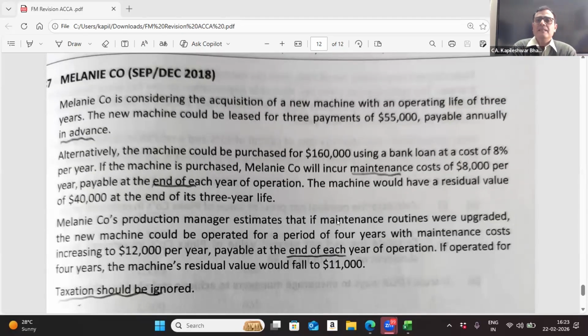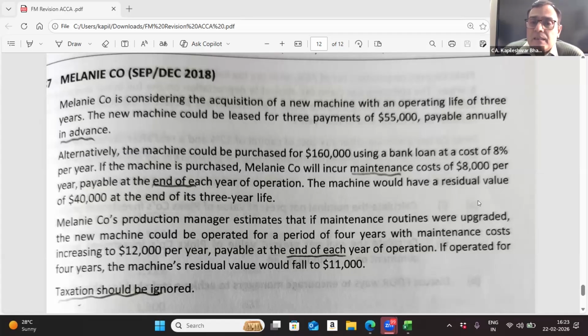It says Mellin Company is considering acquisition of a new machine with an operating life of 3 years. The new machine could be leased for 3 payments payable annually in advance. Alternatively, the machine could be purchased using a bank loan at 8% per annum. If the machine is purchased, you will incur the maintenance cost payable at the end of each year. The machine will have a residual value at the end of 3 years' life.